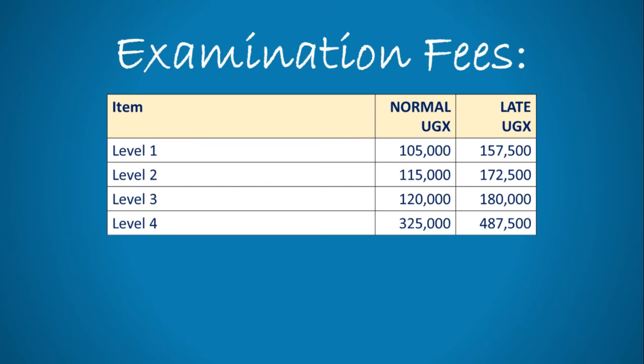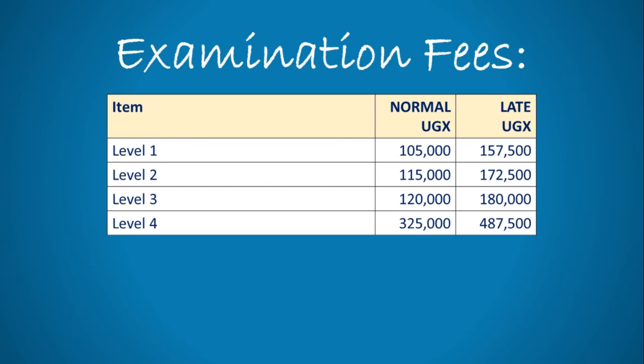For level 1, normal registration, you pay 105,000 per paper. If you do it late, it's going to come to 157,500 shillings. Level 2, 115,000 per paper, normal registration, which will come to 172,500 late registration.